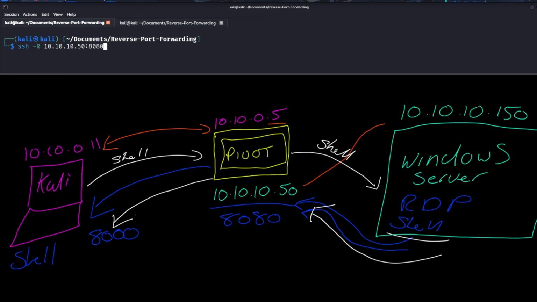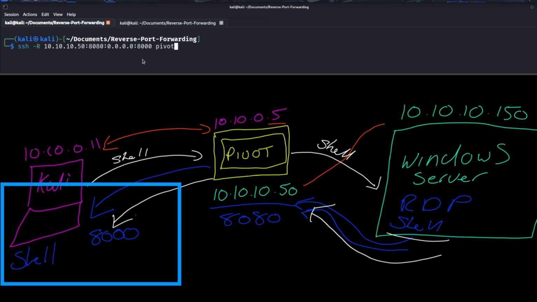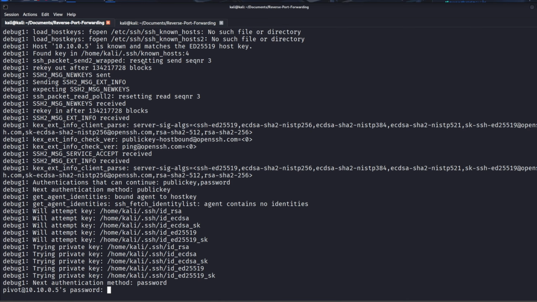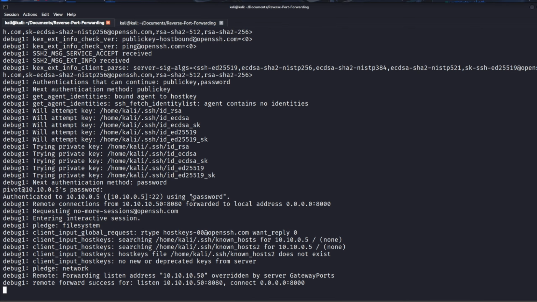colon, 0.0.0.0, that's our listening interface on port 8000, and then we connect to the pivot machine to establish the connection. Capital N, V for verbose, press enter, asks us to log into the pivot machine, so that's listening.